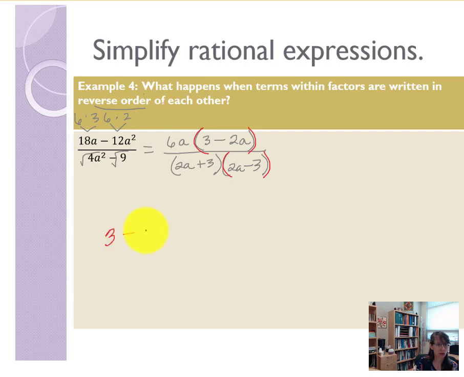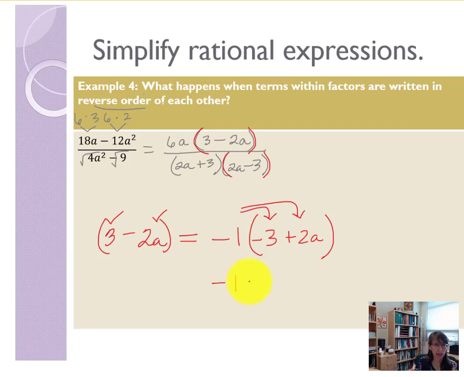Down here, if we start with 3 minus 2a, if I factor out a -1, then I'm going to use the distributive property to recreate that term. -1 times -3 would match that first term. -1 times positive 2a would match minus 2a.